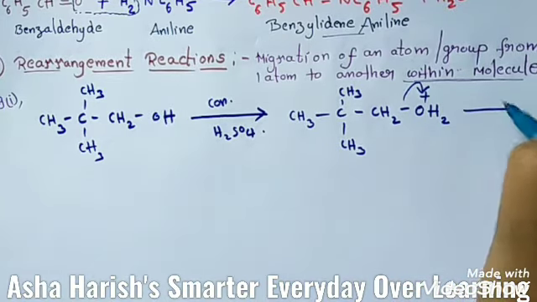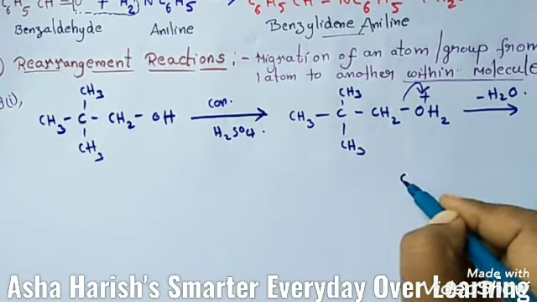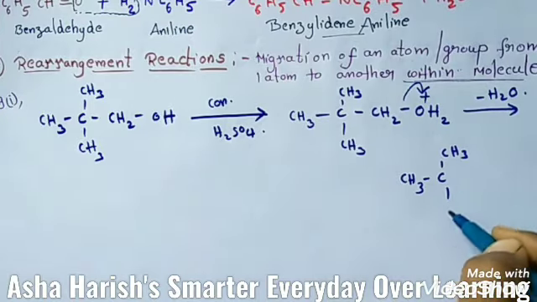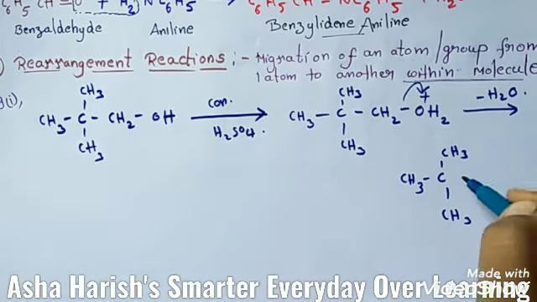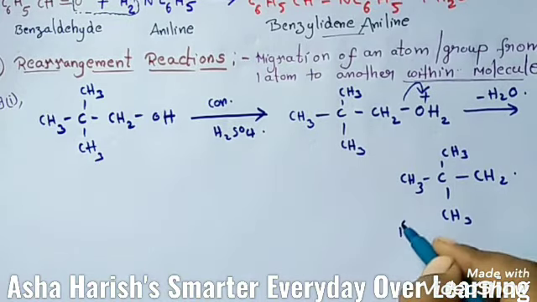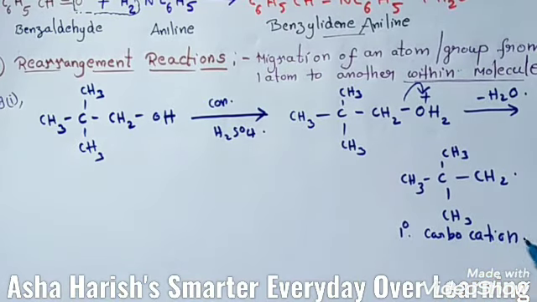From this, with removal of H2O, you should get finally CH3, CH2. This is a primary carbocation. It is less stable. Primary carbocation, less stable now.